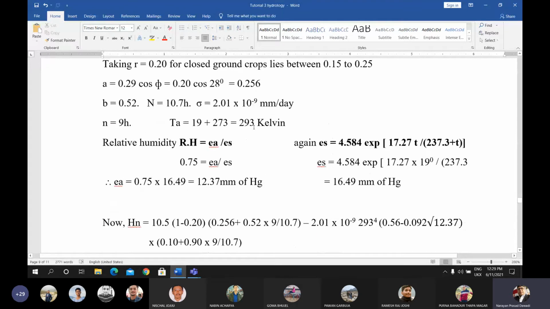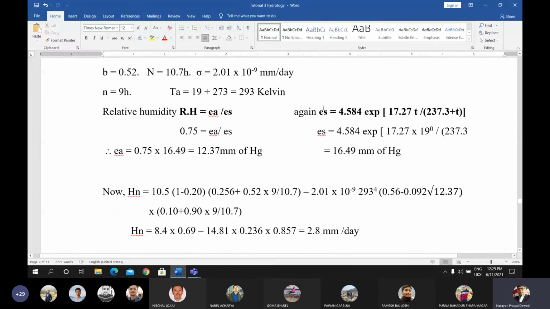Saturated vapor pressure can be calculated using the formula ES equals 4.584 e to the power 17.27 T divided by 237.3 plus T, where T is the temperature in degree Celsius. ES will be 4.584 exponential 17.27 into 19 divided by 237.3 plus 19.